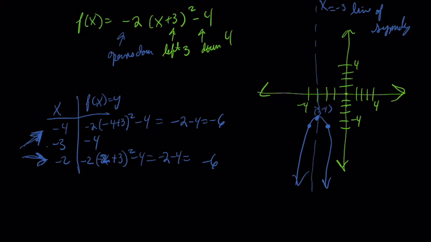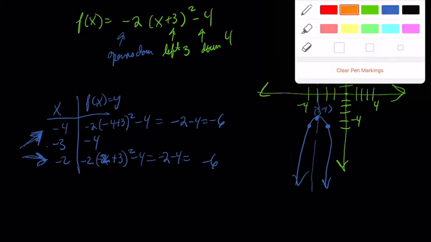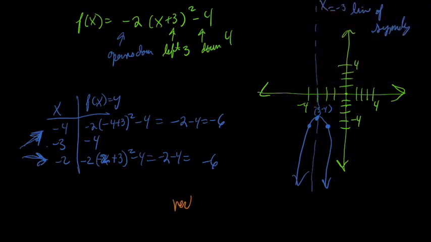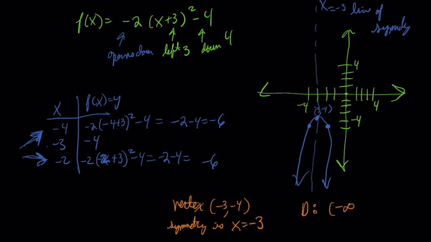So I can go ahead and graph my parabola. I'm going to answer a couple more questions because I like to know lots of things about my parabola. So my vertex is when x is negative 3, y is negative 4. My line of symmetry is x equals negative 3. My domain is always from negative infinity to positive infinity, but what changes is my range.